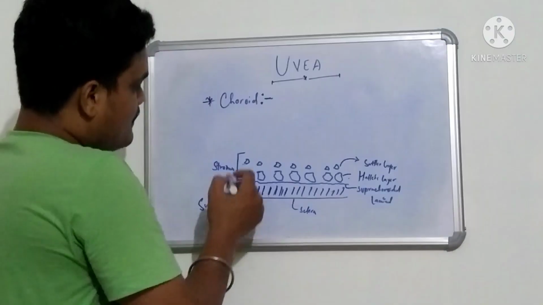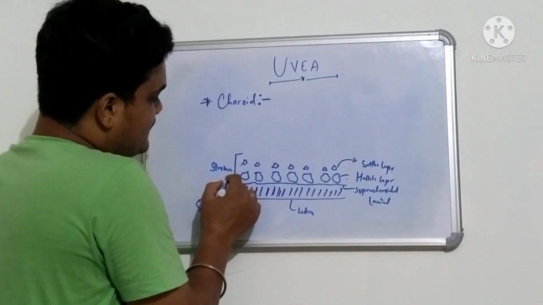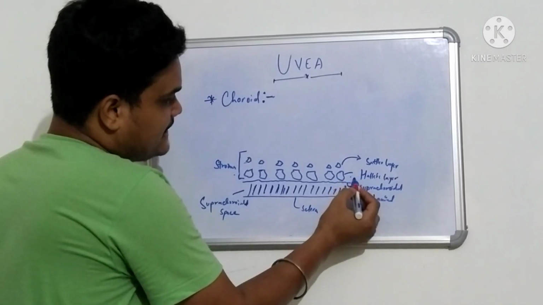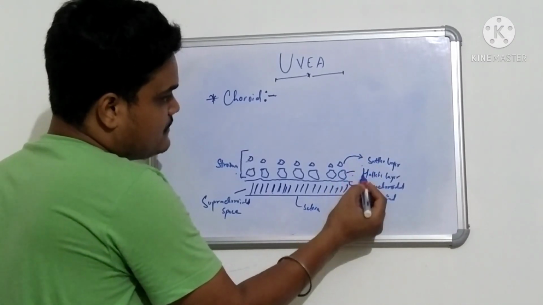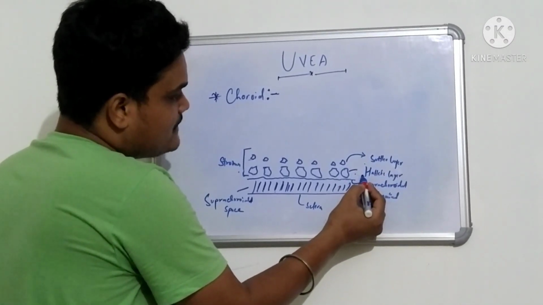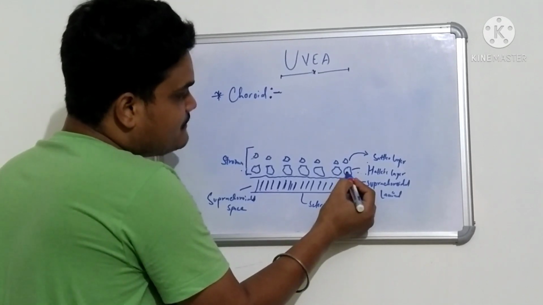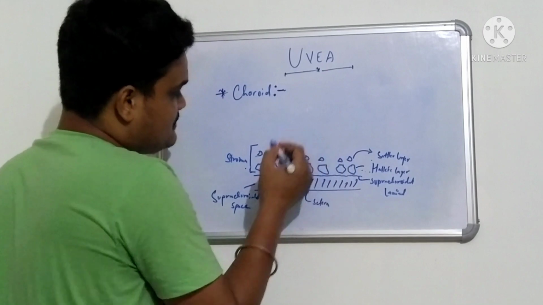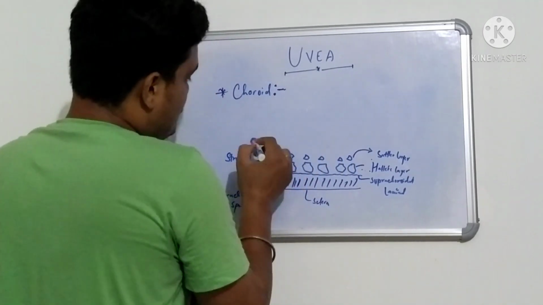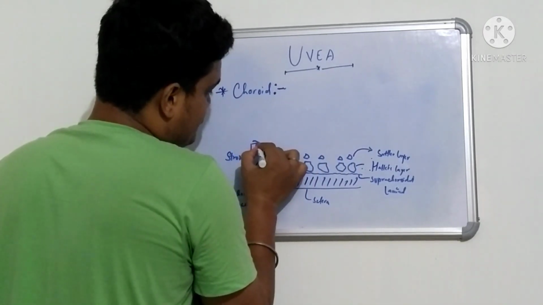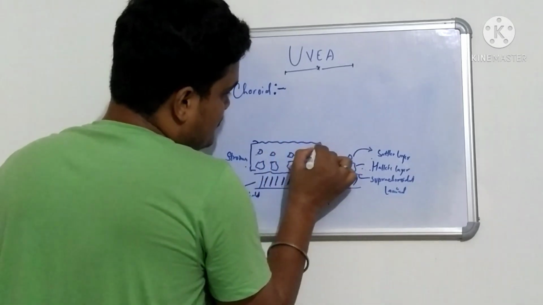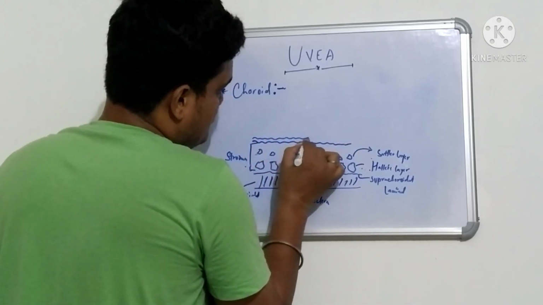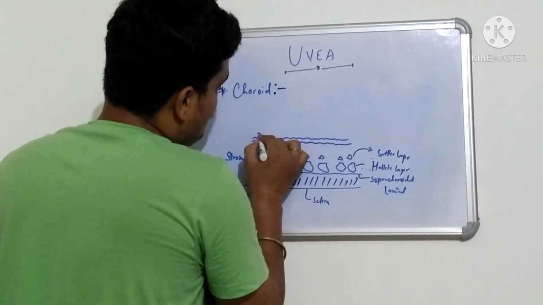So here, the middle layer of the choroid is the choroidal stroma, which contains Haller's layer and Sattler's layer, where Haller's layer contains the large blood vessels and Sattler's layer contains the smaller blood vessels. After that, we have the third layer, which is present just above the choroidal stroma, the choriocapillaries.